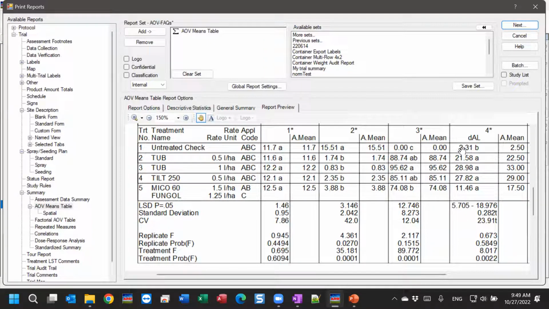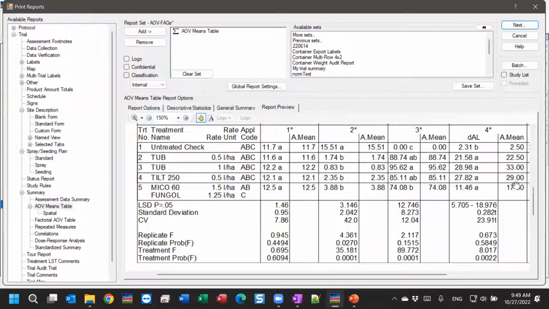If you can imagine, we're doing the log of each of these values, laid out behind the scenes for use in the statistics. So when we run the mean comparison, we're looking at those values, and you would get an LSD value that could be used on those log numbers. Well, we don't have those log numbers anywhere on this report. We've de-transformed them, so we have to de-transform that LSD value as well.